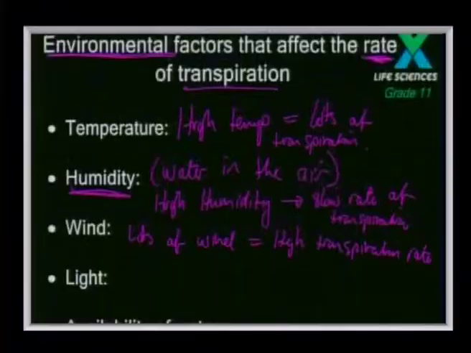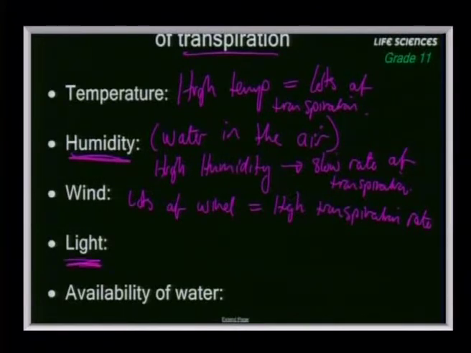And then light. Now, light, very important, because the more light we have equals open stomata. The less light you have, the less the stomata are going to be open. Why? Because remember in grade 10, the stomata photosynthesize.